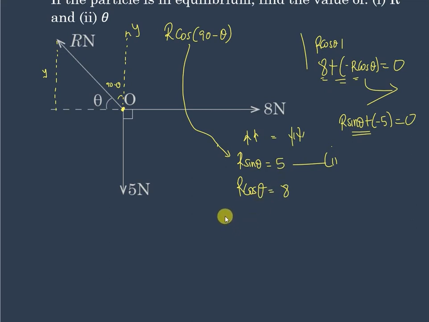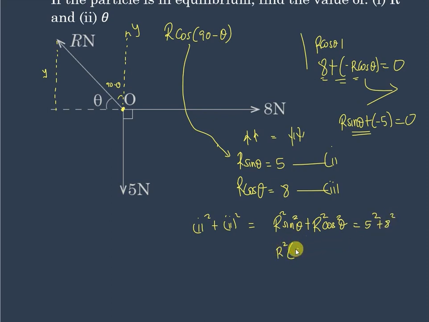Now you can find the angle theta. They want to find r first, so if this one is equation number 2, you can have equation 1 squared plus equation 2 squared, and you have r squared sin squared theta plus r squared cos squared theta equal to 5 squared plus 8 squared.